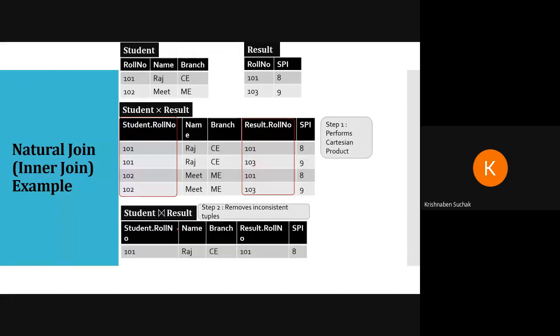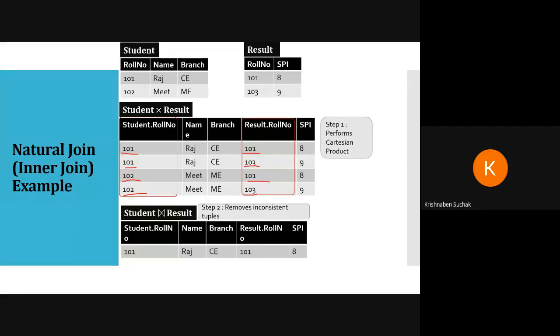Only the things which are matching, or which are consistent, will remain. So here only 101 is there, because see, here student roll number is 101 and here result is 103, so that is inconsistent data, right? Here 102 and 101, that is also inconsistent data, which will be removed. Then here 102 and 103, again inconsistent data, which will be removed. So here only data which is consistent will be displayed. This is our second step.